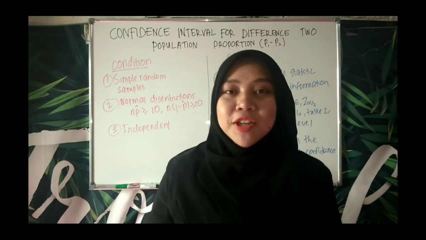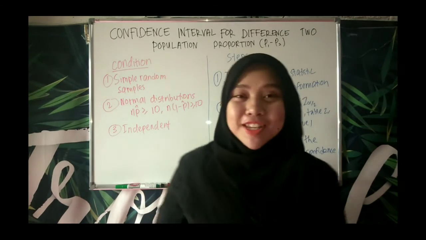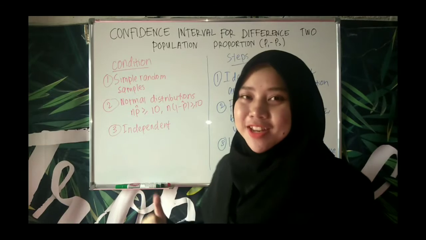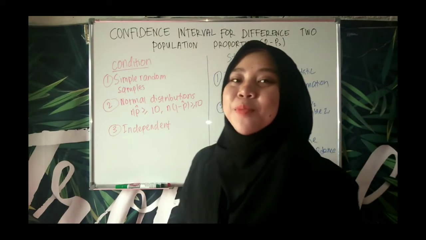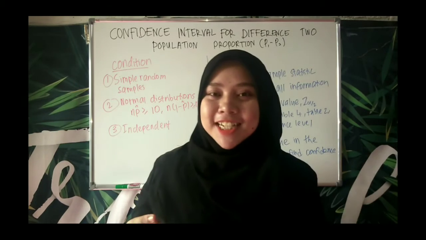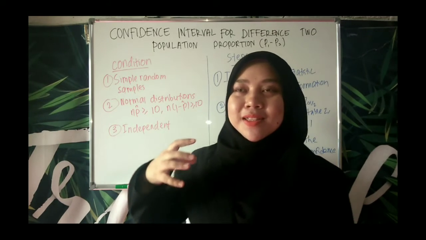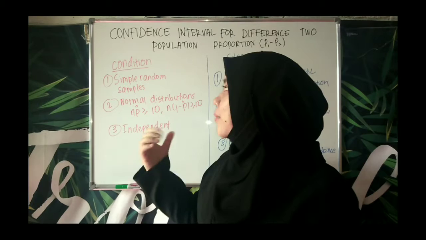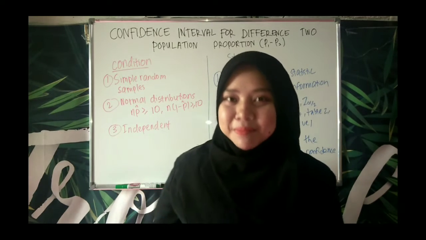The next thing that you need to know in this topic is that you have conditions to use this confidence interval for two different population proportions. The first condition is you must select the sample using a simple random sample.